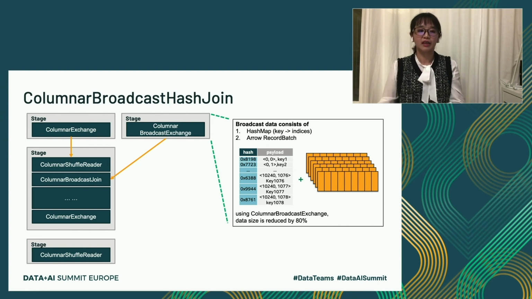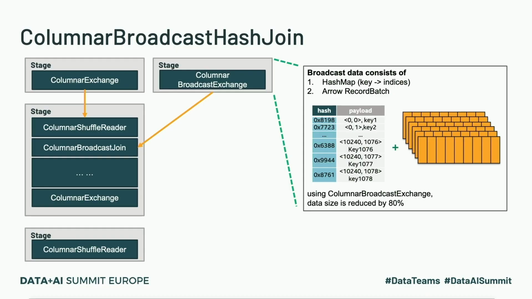Another benefit is that when broadcast exchange is used by semi-join, anti-join or existence join without any condition check, we can easily send out only the hash map instead of the hash map plus Arrow record batch combo.